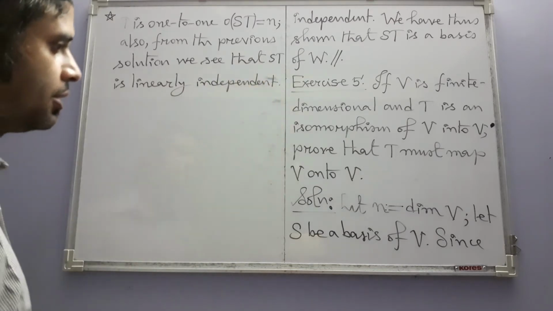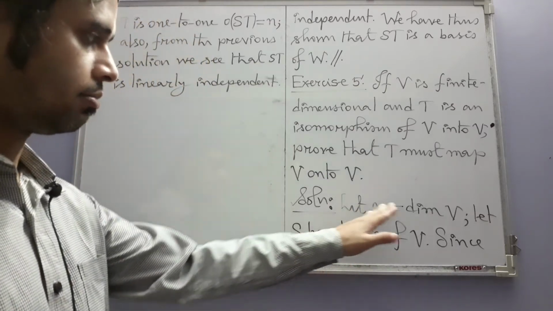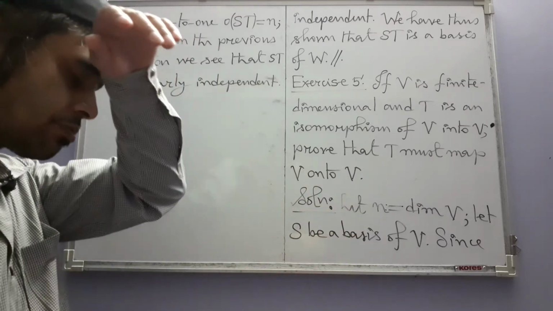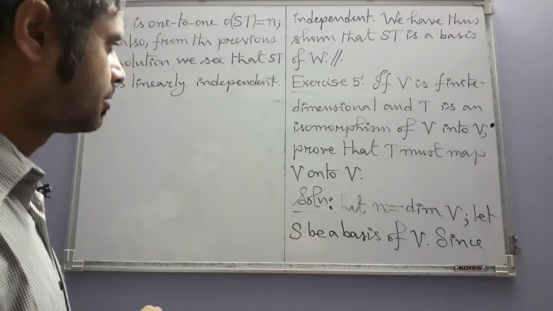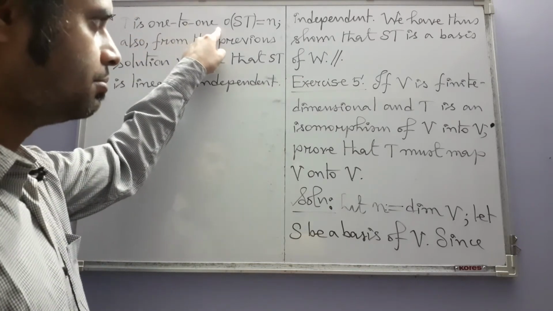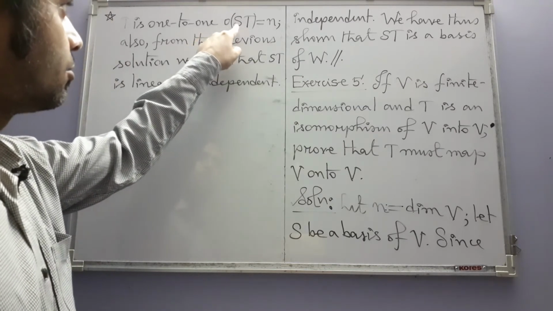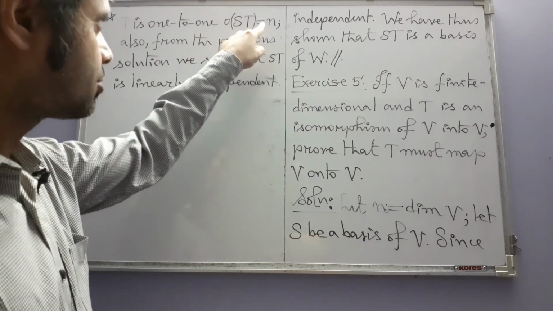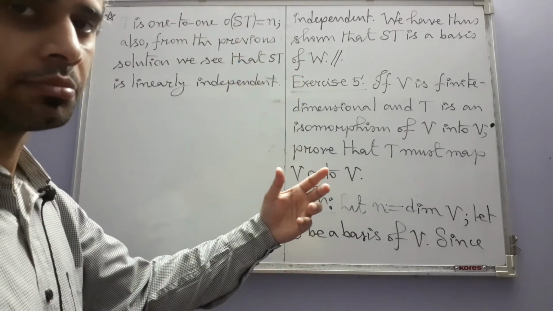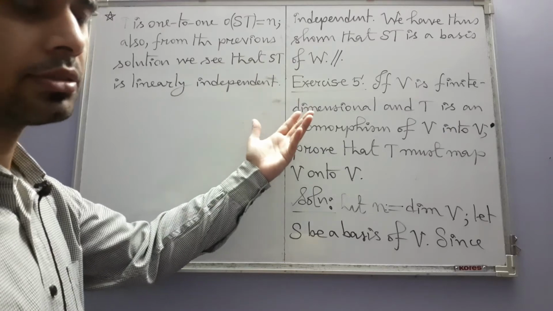Okay, now what is happening here? We have a finite dimensional space having dimension n, fine, and let S be a basis of V. So S will have n number of vectors. Now next we say, since our homomorphism is an isomorphism, is 1 to 1, this set ST also has order, meaning the number of elements. That's how we denote cardinality or number of elements in this text.